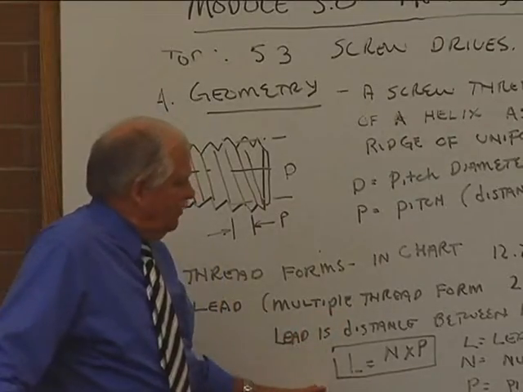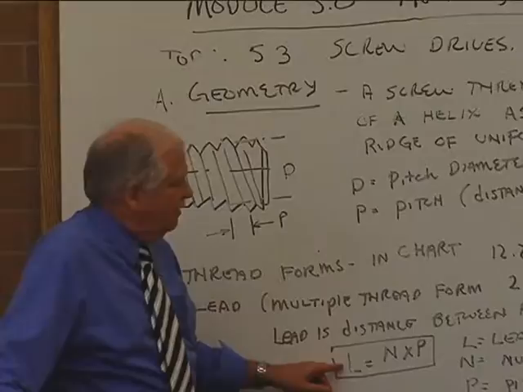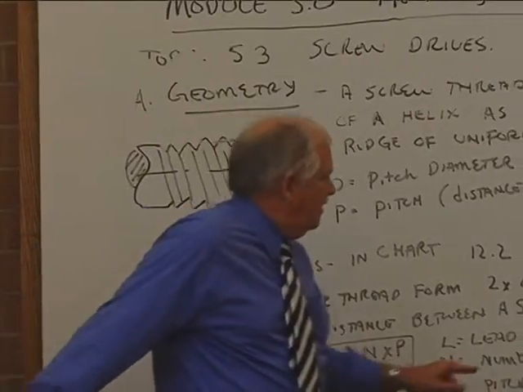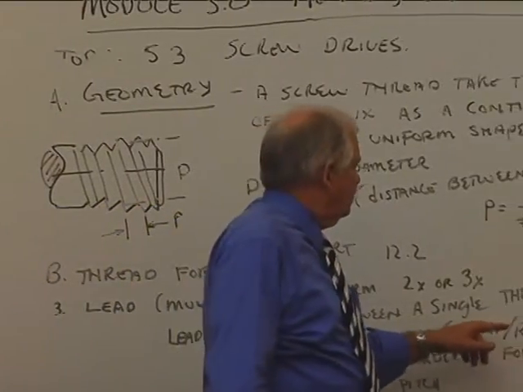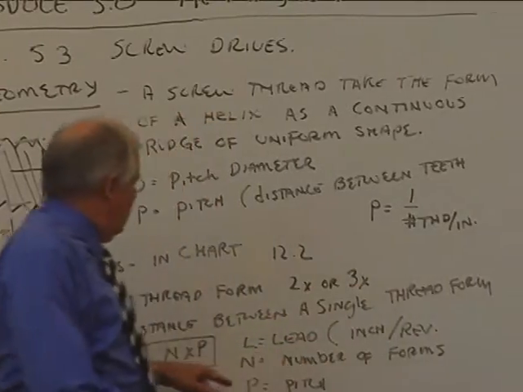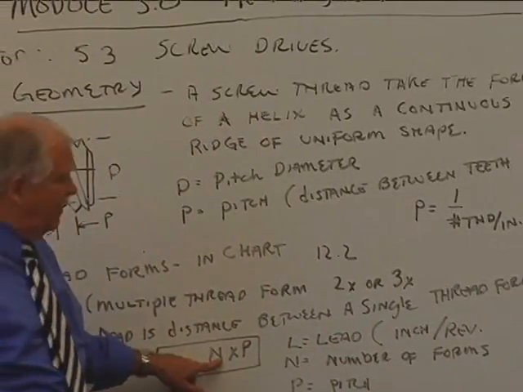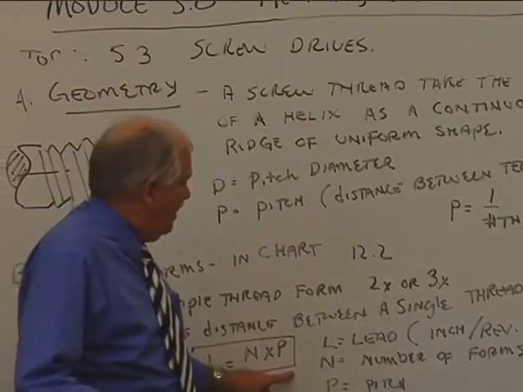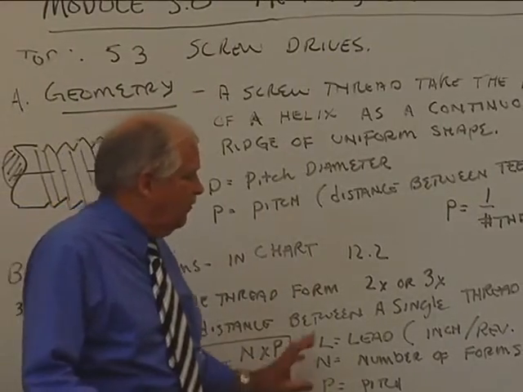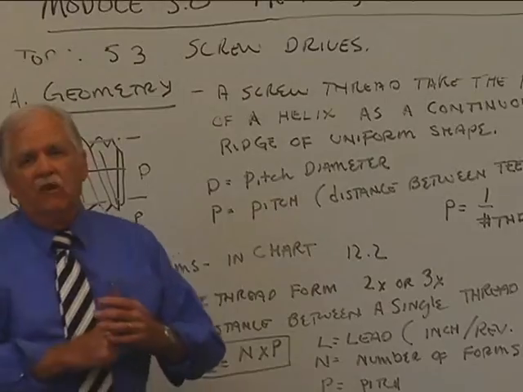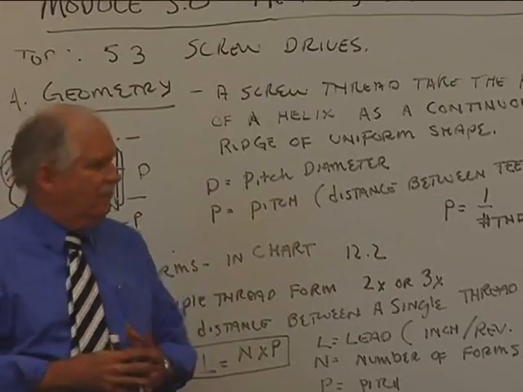So in that relationship, if L equals the distance between individual threads, and N equals how many threads you have on the screw, times P, the pitch, then we can find a relationship between the strengths of these threads.